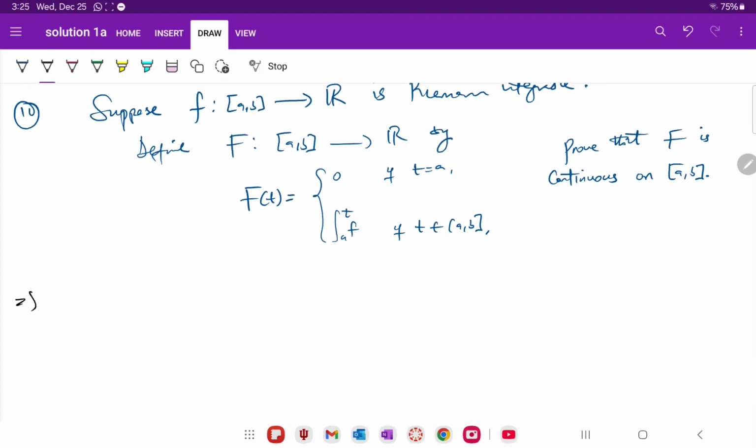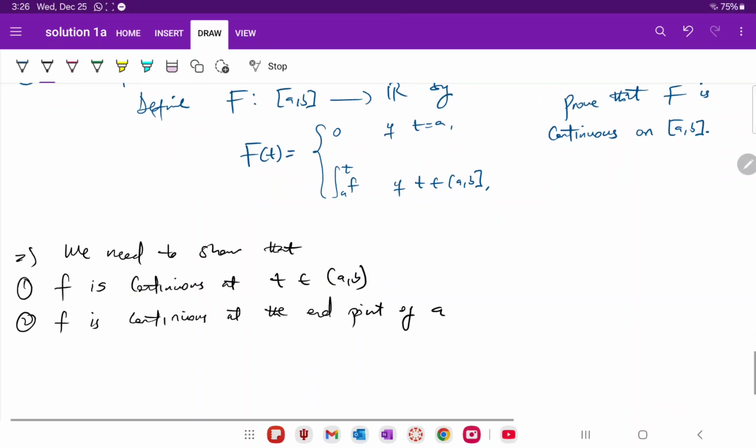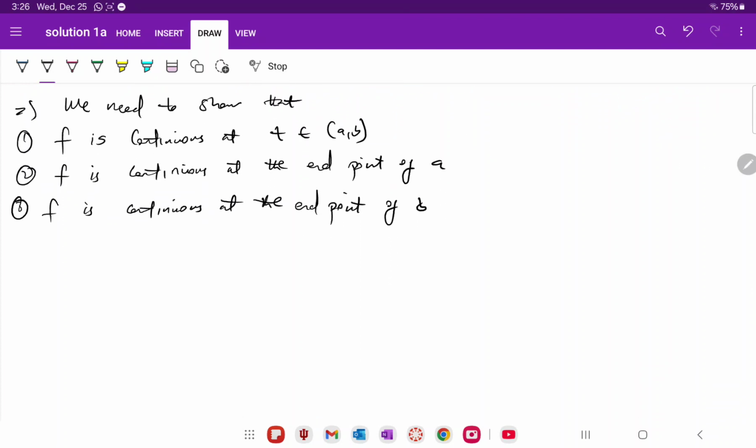So what we need to show is that, 1, F is continuous at t in the interior of [A, B]; 2, F is continuous at the endpoint A; and 3, F is continuous at the endpoint B. Okay, so these are the three cases we are going to consider.